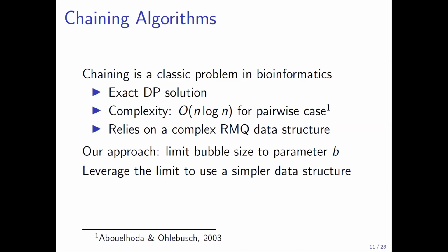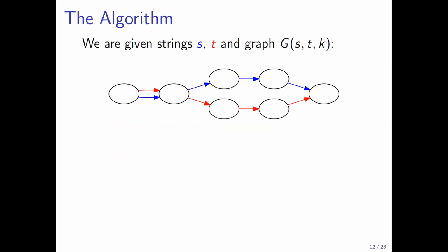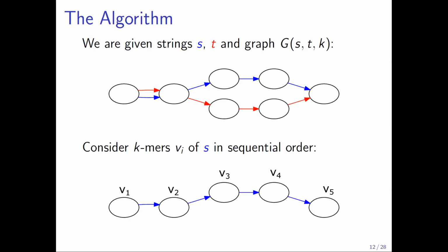So I will just give some idea of how chaining works. Suppose that we're given strings S and T, a blue string and a red string, and we're given the de Bruijn graph G(S, T, K). What we do is designate one string as the carrying string, and we consider all k-mers v_i of S in sequential order. So we consider k-mers v1, v2, v3, v4, v5 of the blue string S in its order.